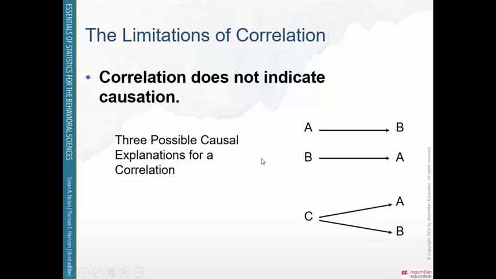For any correlation that you get, there are three possible explanations for it. Let's say we're looking at the correlation between drinking alcohol and GPA.